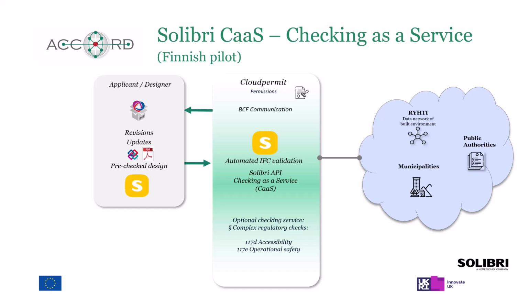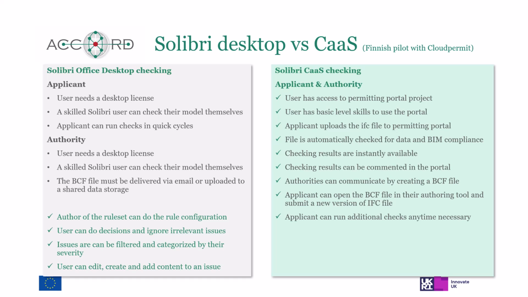Mr. Ilkka Mattila will tell more about that in his presentation. A short comparison between the desktop and checking as a service. In desktop, the applicant can work on their desktop license.